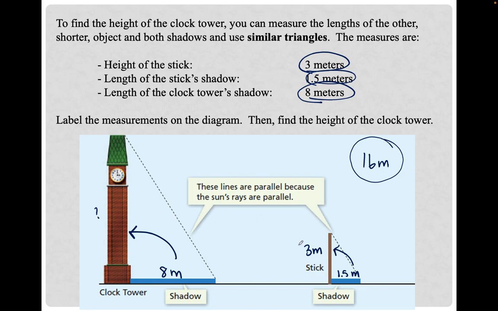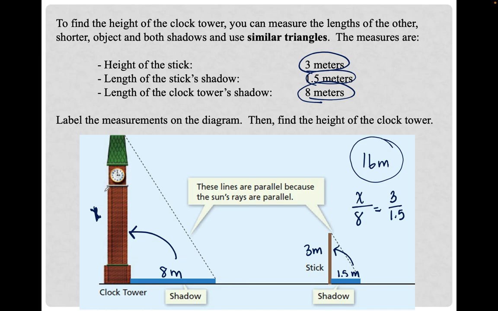Now you can use that logical reasoning like I just explained, or you can use a proportion. So we can say this is our missing height, and you can set this up a couple different ways. You can say the height of the clock tower, X, over its own shadow, 8, equals the same ratio as the height of the stick over its own shadow, which is 1.5.